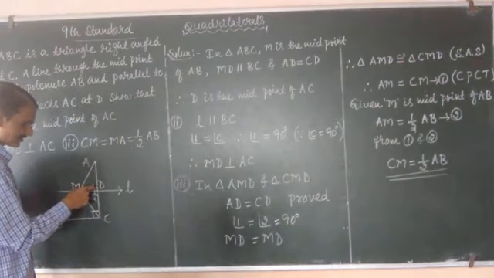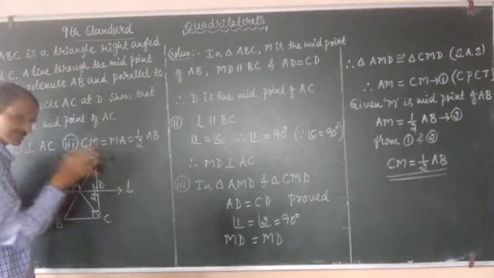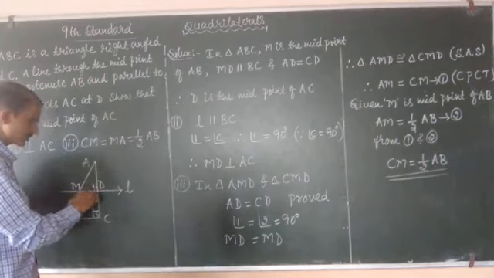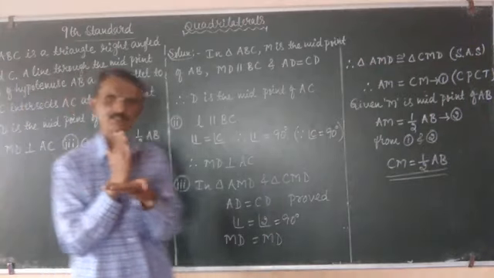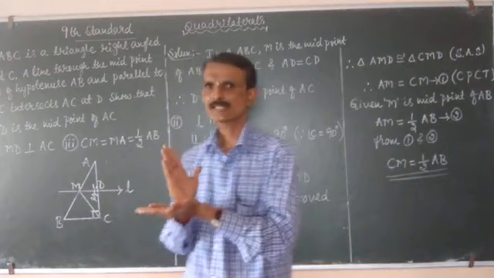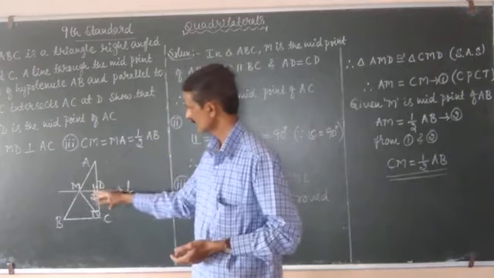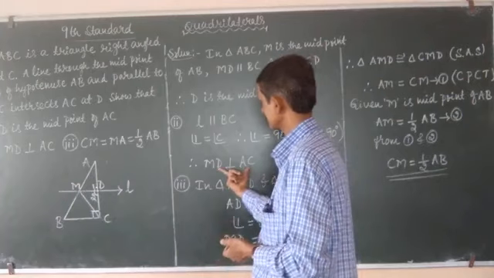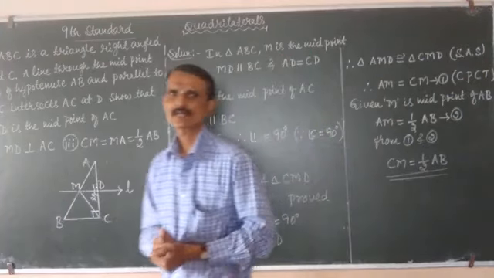If this angle is 90 degrees, then this line segment is perpendicular. This is the proof of the second one.